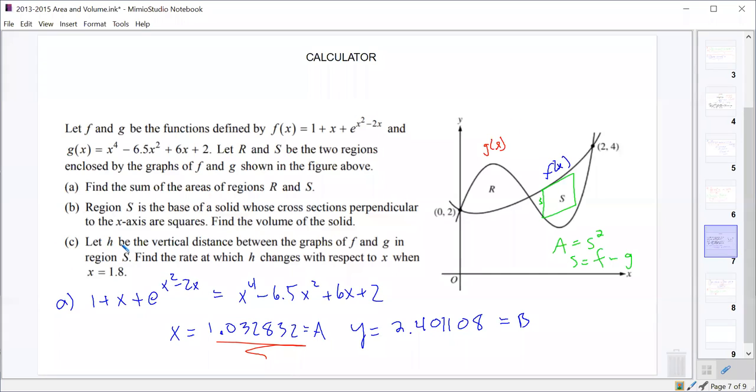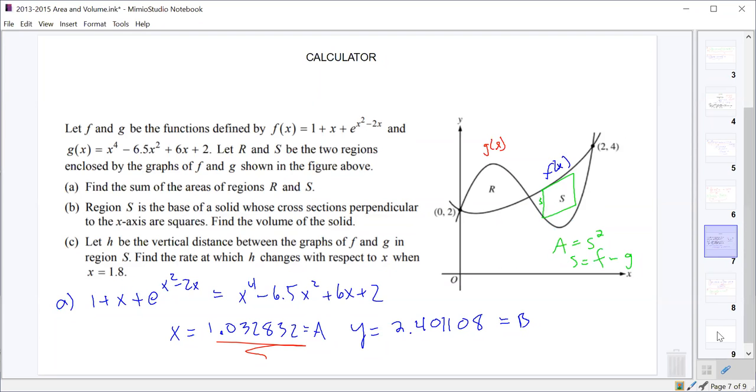So part C says H is the vertical distance between the graphs of F and G in region S. We want to find the rate of change with respect to X of H when X is 1.8.